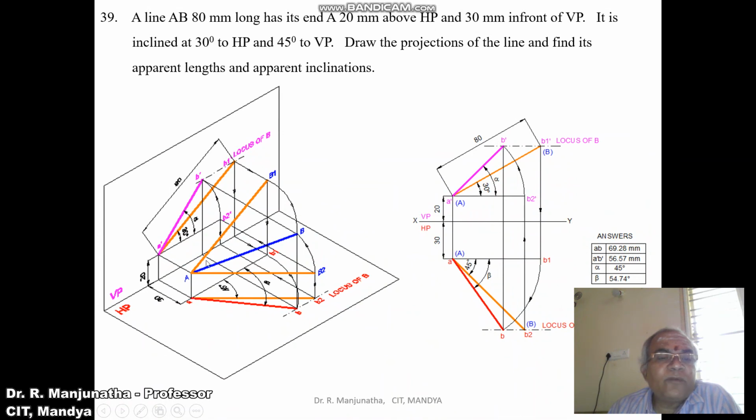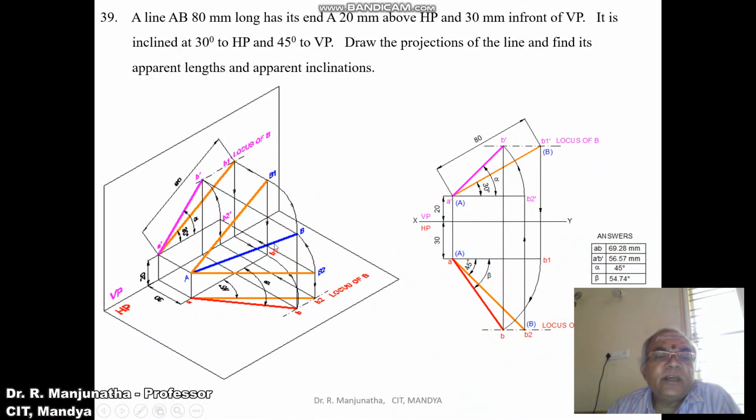This is the top view of this line. But what we need to do is, this point is not actually here. It will be here. So in order to do that, with A as center, take the radius of AB1 and rotate it such that it cuts the locus of B in the top view. So in space, I will rotate such that this B1 comes on the locus of B in space.